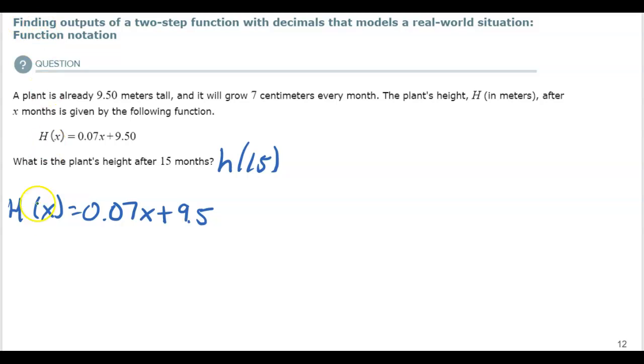Everywhere I see an x, I'm going to put a 15, and then I can solve it.